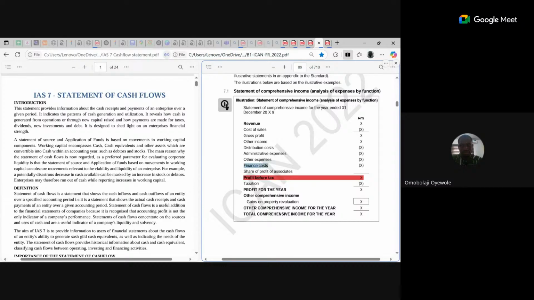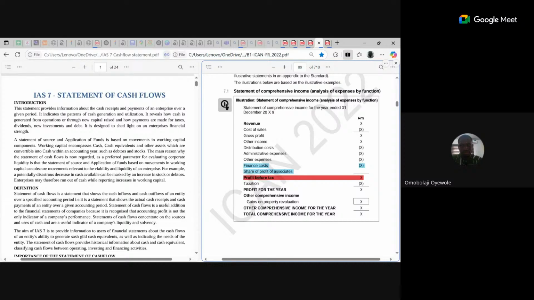Finance costs. If you look at finance costs, finance cost comes before your profit before tax. So it means that to arrive at this profit before tax, we have deducted our finance cost, which are our interest expenses for the period.